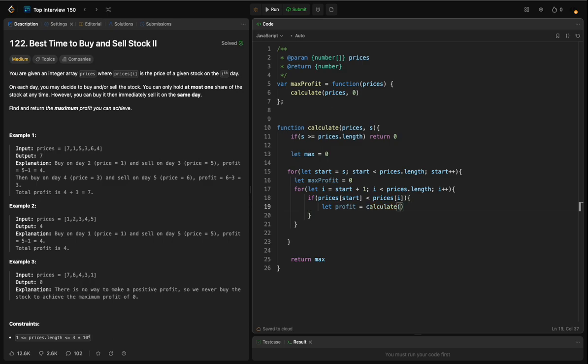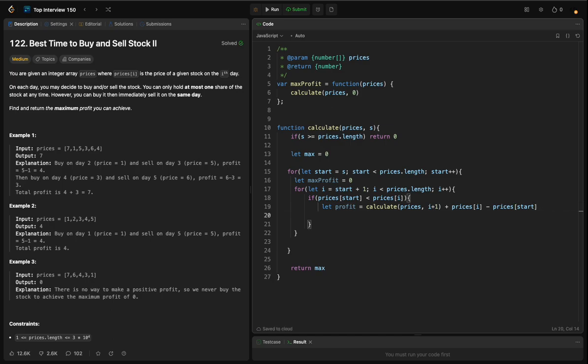Calculate prices, and we have i plus 1, and we add to it prices of i minus prices of start.